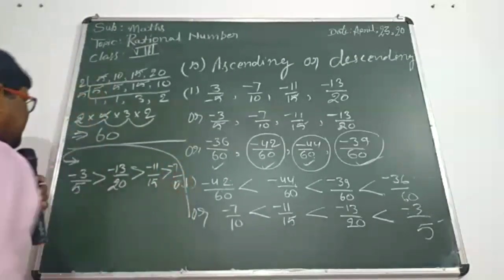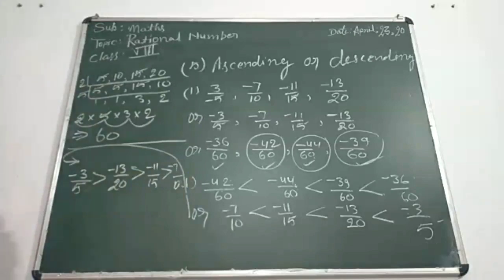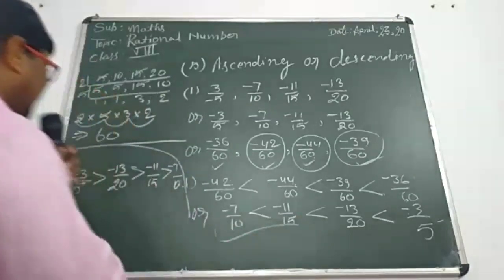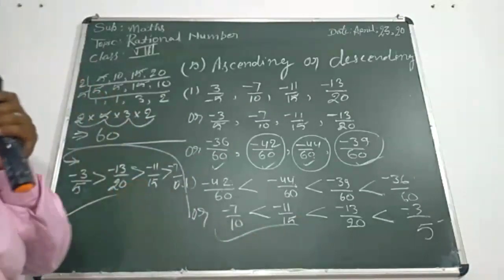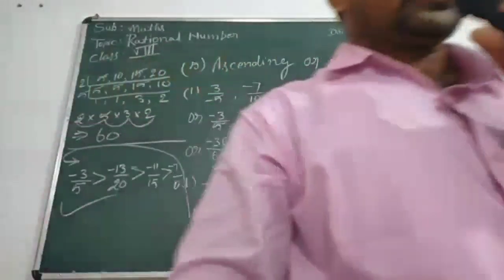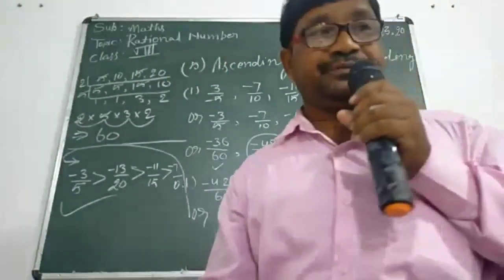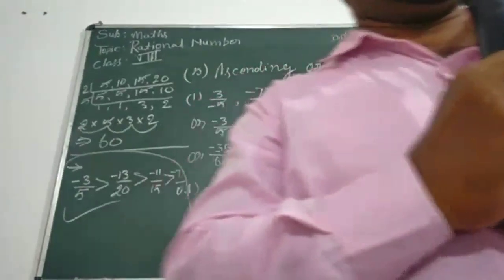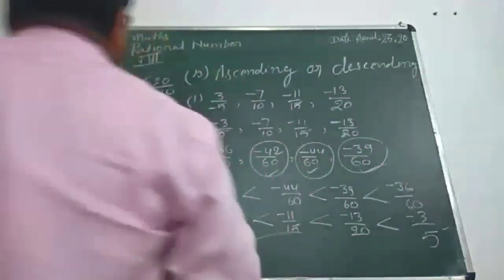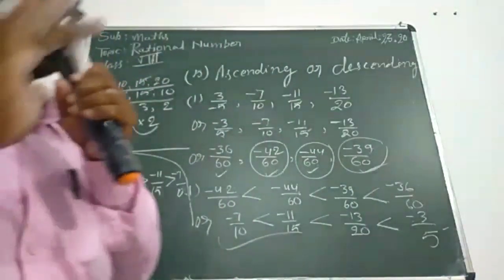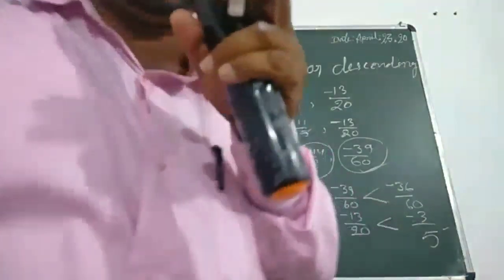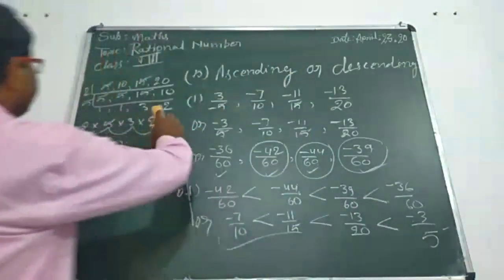That is called descending. This is called ascending and that is called descending, in the same process. Understood, student? Okay. Now we should start the next point. This is the first exercise, an important problem done by us here.